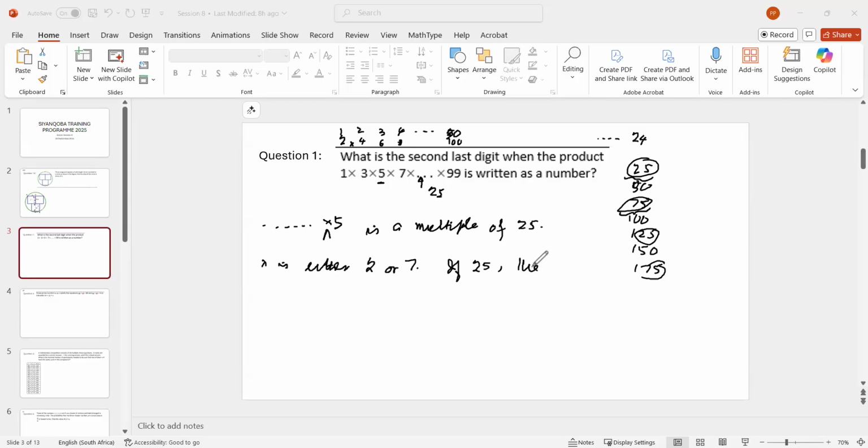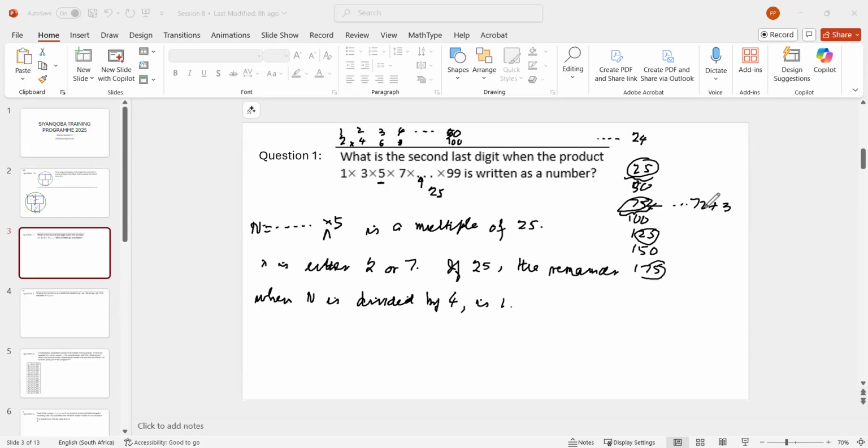The remainder, let's call this n, when n is divided by 4 is 1, right? And in the other case, 75, this is 72 plus 3.